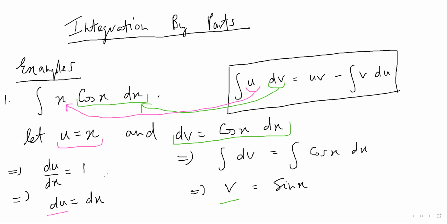For example, if you let u be equal to cos x and dv be equal to the remaining thing, which is x dx, and then go ahead and evaluate, it will not simplify your integral.